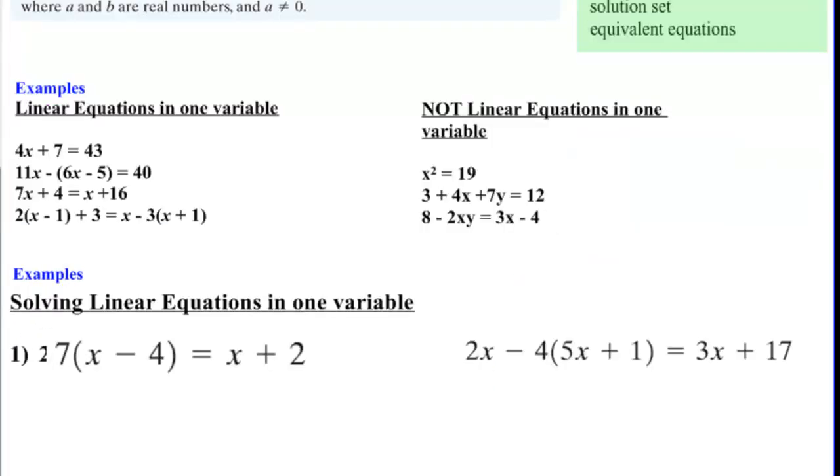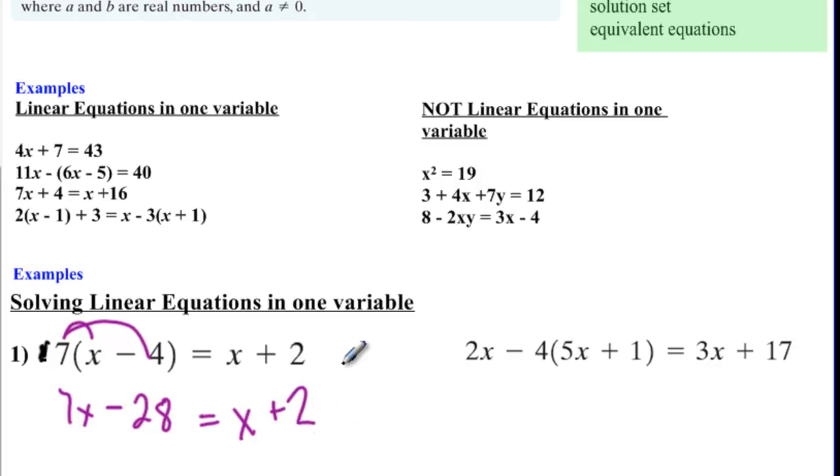So we're going to solve these super fast. Ignore that 2. Pretend that's not there. So now we distribute. We're going to get 7x minus 28 equals x plus 2.